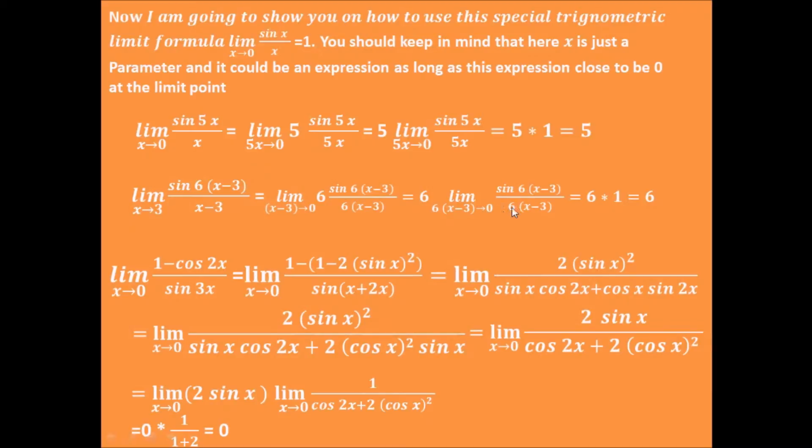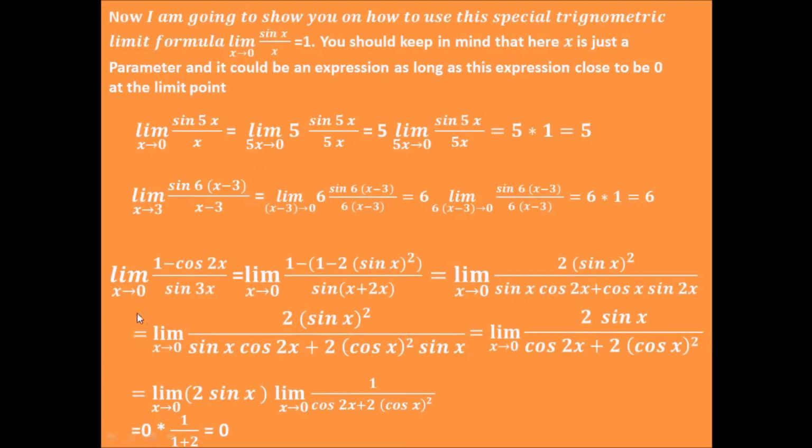Then we can treat 6 times (x minus 3) as one symbol, such as y. So it has the same expression as this basic one, which has limit 1. Then we get the limit for the function sin 6 times (x minus 3) divided by (x minus 3) with x approaches 3 equals 6.